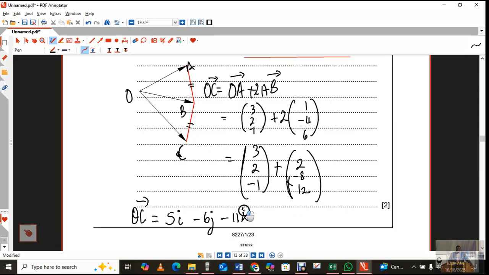Right, it's totally up to you whether you want to leave your answer in terms of base vectors, unit vectors like so, or even leaving your answer as column vector is also acceptable. If you had 5 here, -6 here, and 11, this is also acceptable. All right.